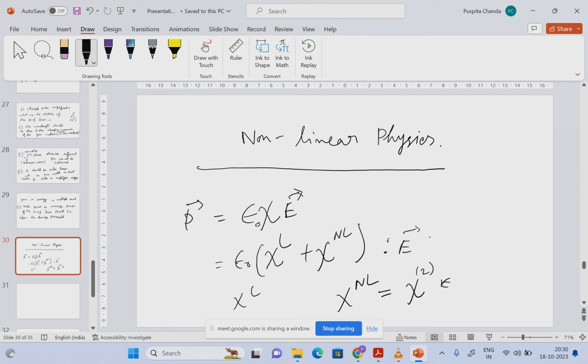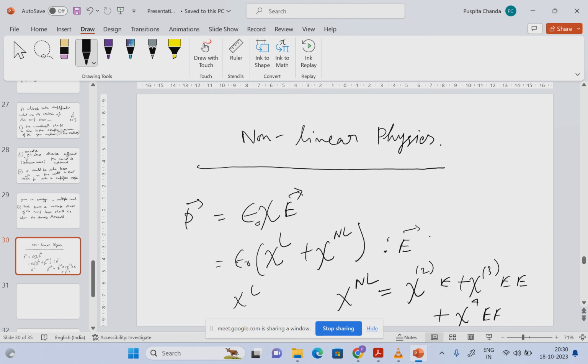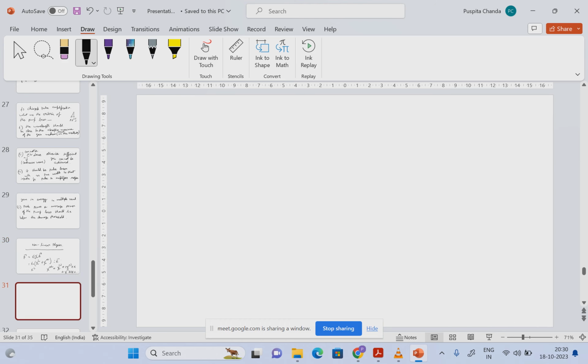chi 2 E plus chi 3 E square, chi 4 E and so on. So you can write P as P linear part plus P non-linear part.